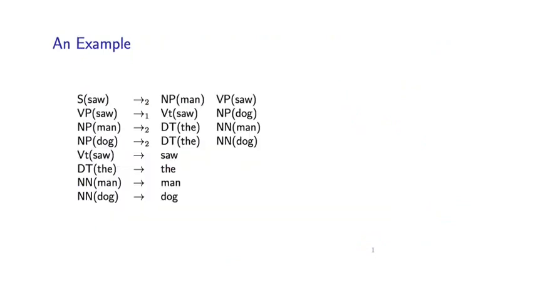So here's an example of a lexicalized context-free grammar in this Chomsky normal form, and let me show you a parse tree under this. We have S_saw goes to, for example, NP_man, VP_saw, and we'll just mark this to say that this is where the head came from.